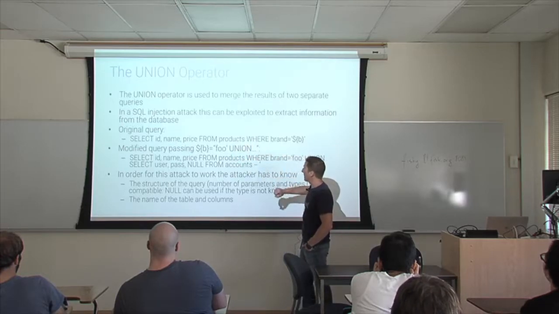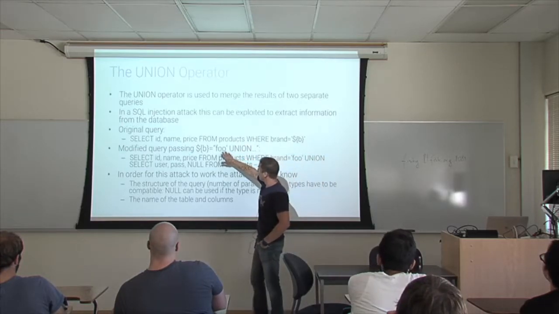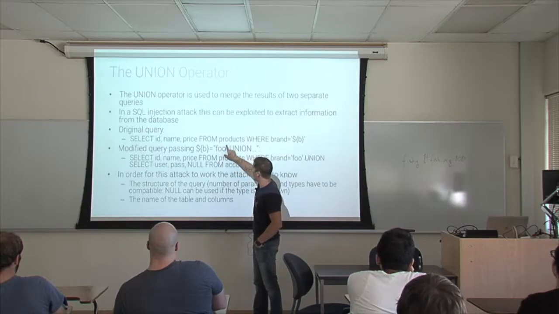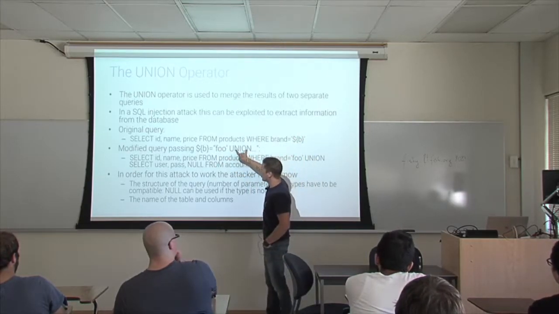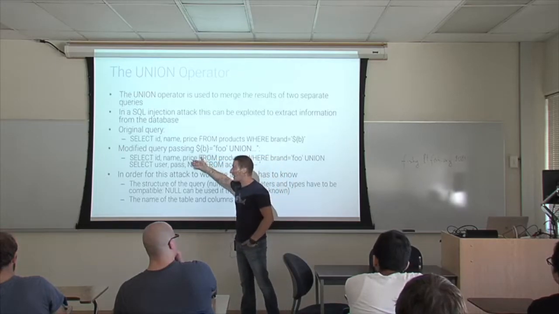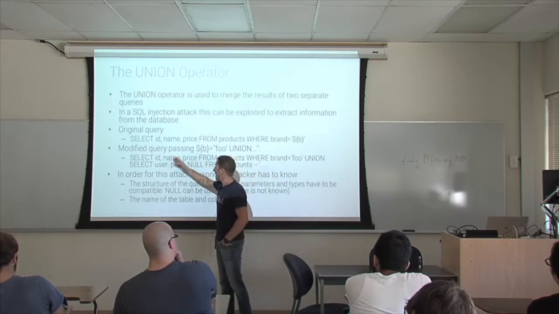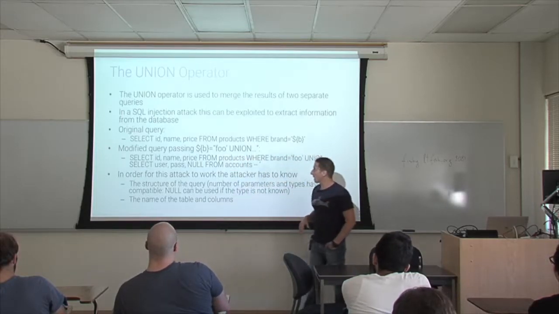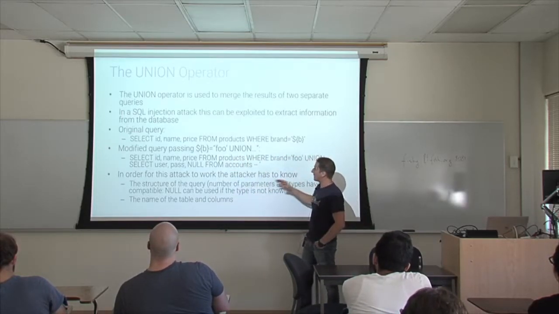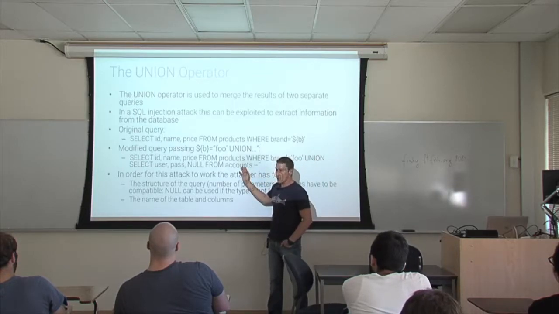So how do you do it? Well, you put something that you don't care about, tick, which will close this tick, and then union, and then you select something else. You have to have the same amount of arguments, but then you select something else, and for example, you get information that you're interested in from accounts.